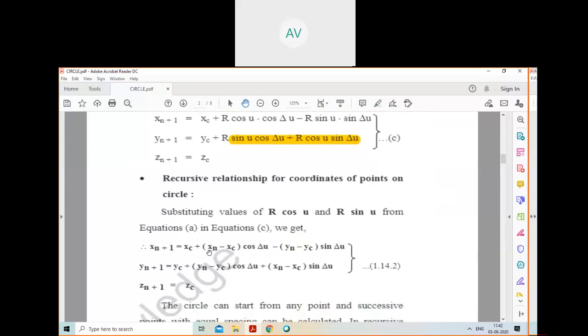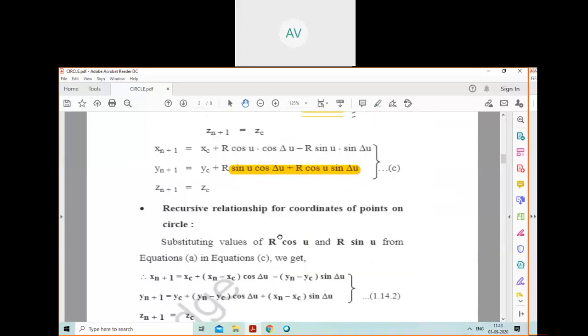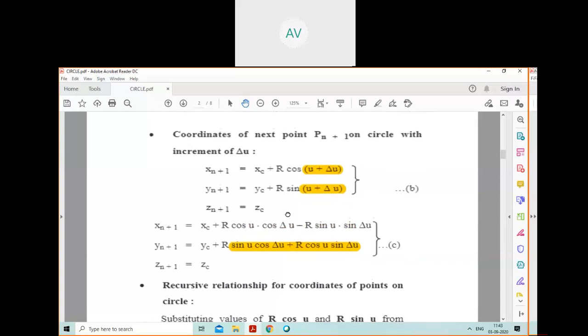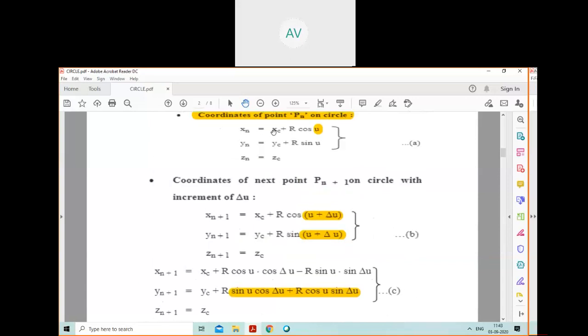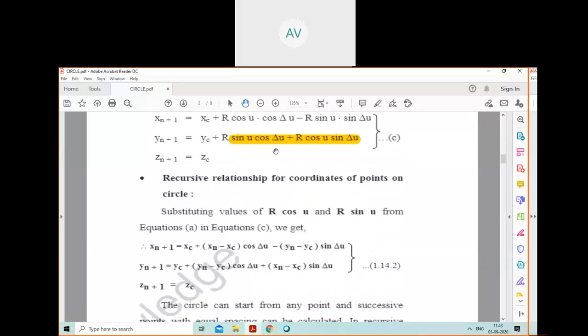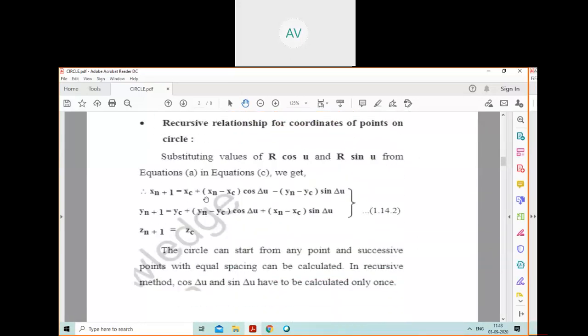I have written the r cos u value as xn minus xc equal to r cos u; I just transfer this side. Similarly, yn minus yc will be equal to r sin u.